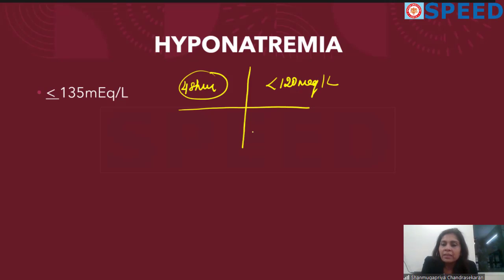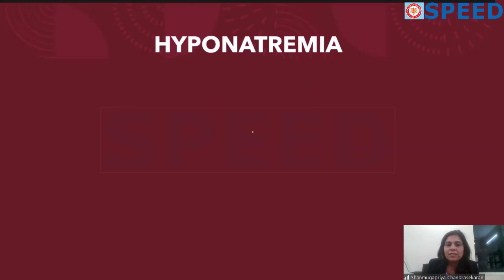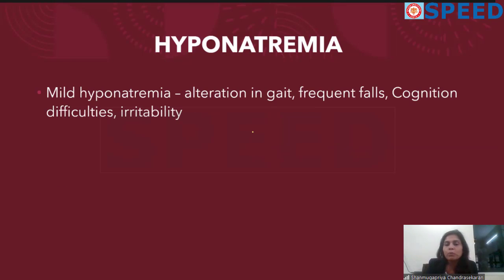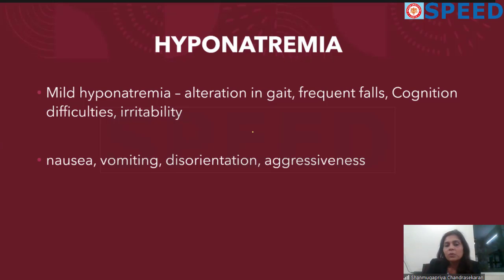The person might complain of nausea, vomiting. So mild hyponatremia presents as alteration in gait, frequent falls, cognition difficulties, irritability. Further down, it presents with nausea, vomiting, disorientation, aggressiveness. Only when it is severe hyponatremia, it presents with seizures, coma, respiratory depression, and pulmonary edema. So these are the clinical features of hyponatremia.